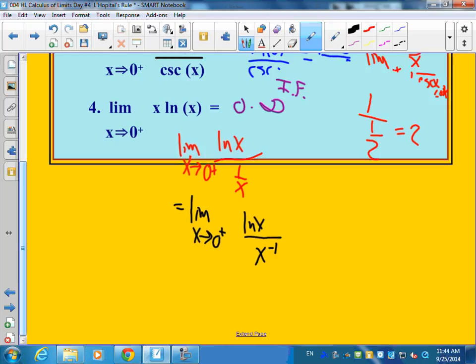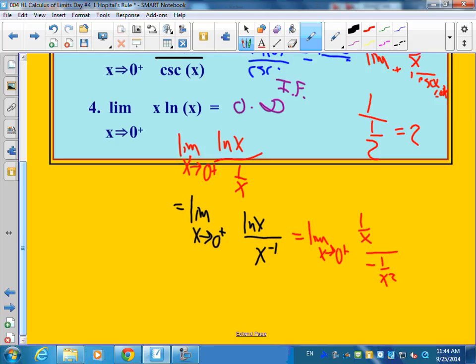Now we're ready to take the derivatives. What's the derivative of the natural log of x? It is 1 over x. Good. What's the derivative of x to the negative 1? You got it. Perfect.